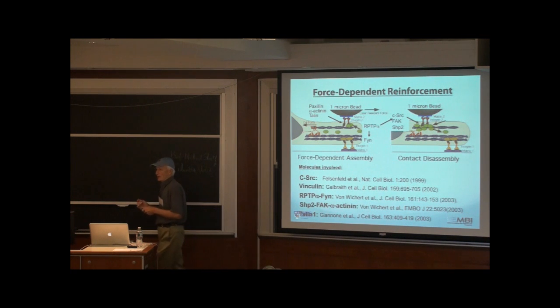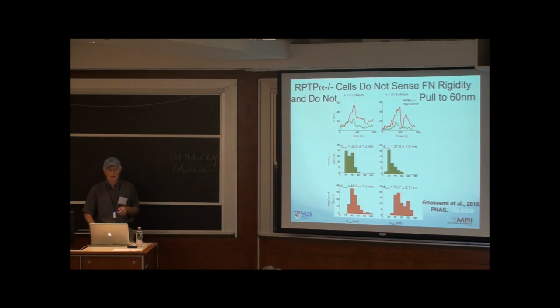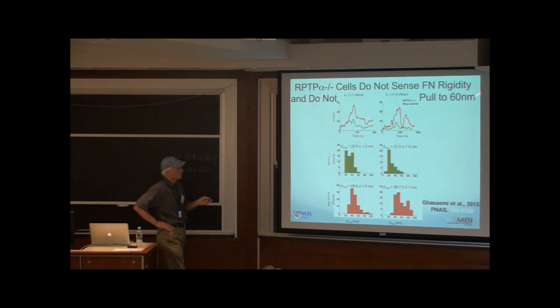So we went back and asked the question of what happens in this pillar displacement assay, and sure enough, without RPTP alpha, the green lines here, they don't pull to the 60 nanometer displacement of the controls.